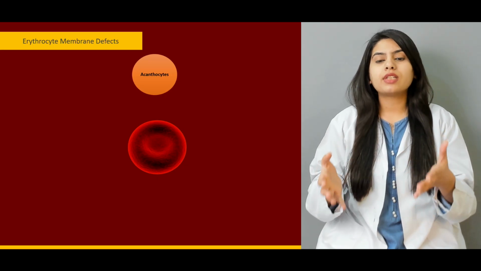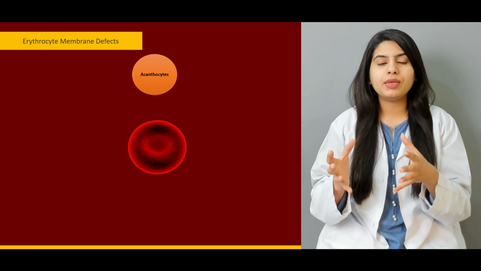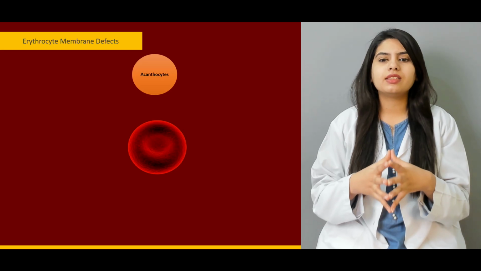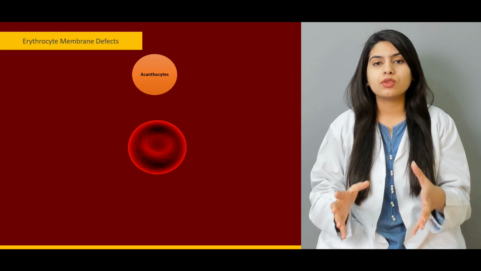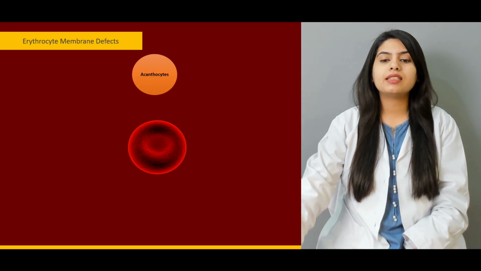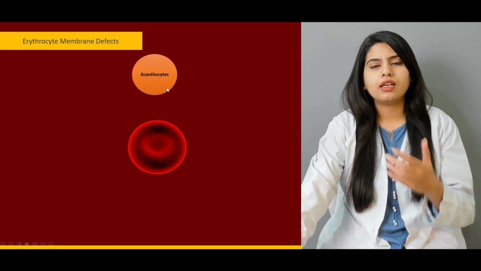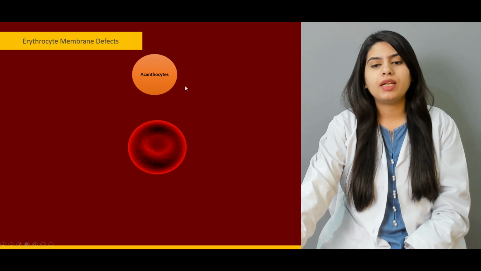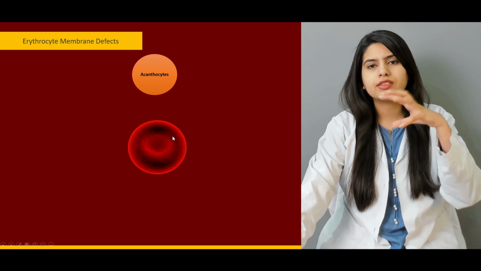Acanthocytosis is the condition where there is production of acanthocytes. The word acanthocyte is derived from acantha, which means thorn. So we can say there are irregular spikes in acanthocytosis; the red blood cells formed have an irregular shape, with thorns on their surface.